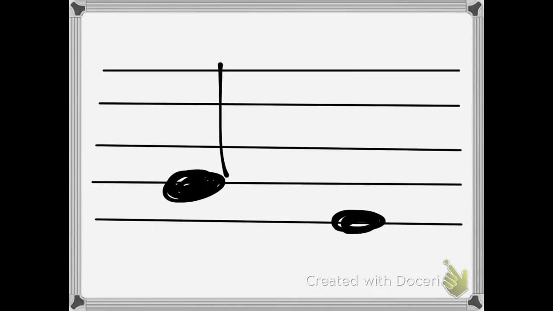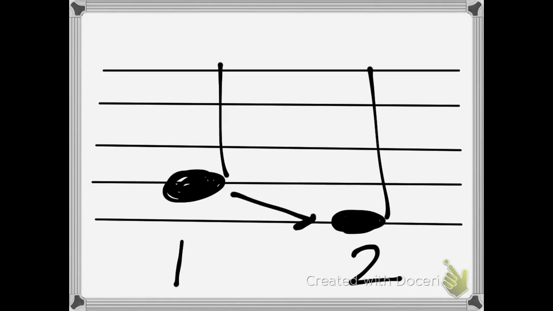How about from here to here? When we went to note 2, do we get higher or lower? If you said we got lower, you are correct. See how the note goes from up high down low.